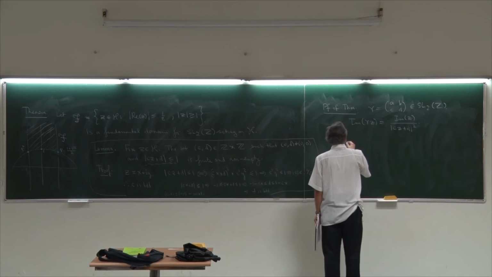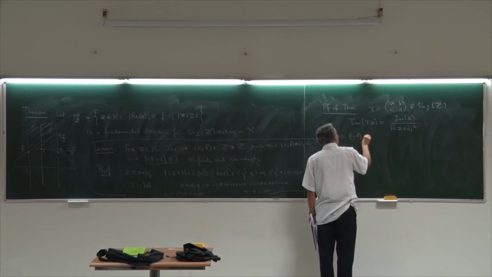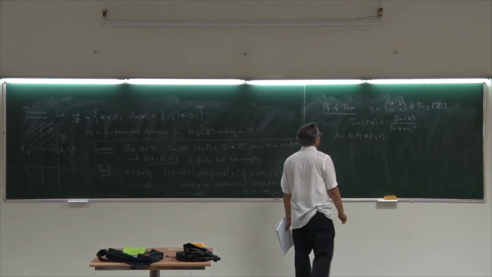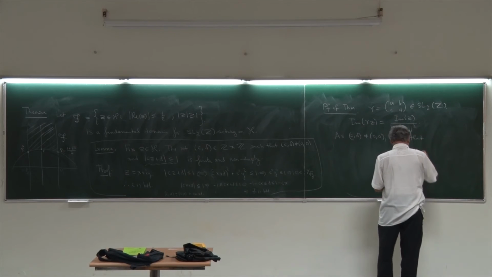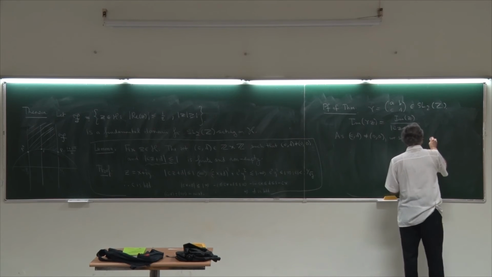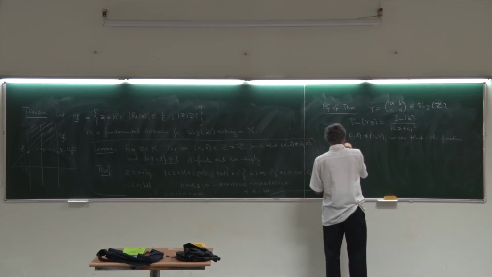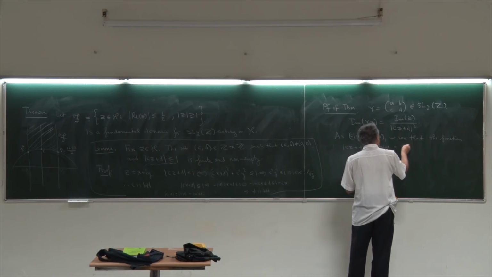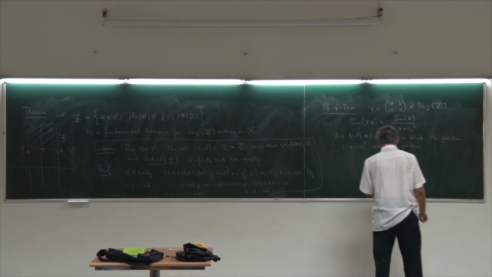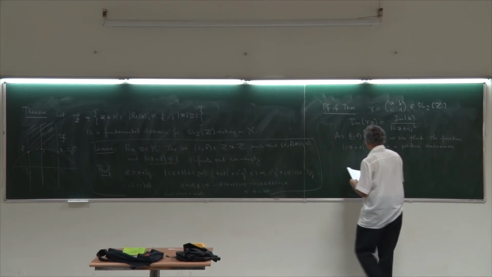So since c and d are not both 0, we see that the function mod cz plus d squared attains a positive minimum as gamma ranges over SL2Z.